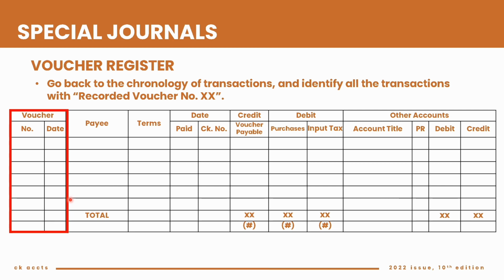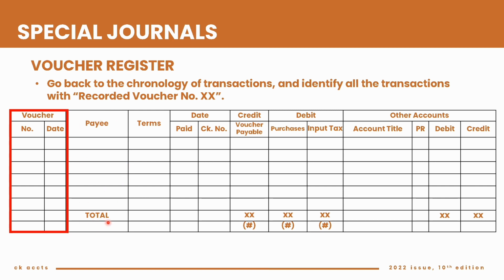Dapat, as what we have mentioned sa definition ng voucher register kanina, dapat in numerical sequence yung ating mga entries dito. So, we are basing that numerical sequence sa voucher number and sa date ng mga transactions. Most specifically, sa voucher number, kasi dyan talaga dapat sunod-sunod yung mga entries.